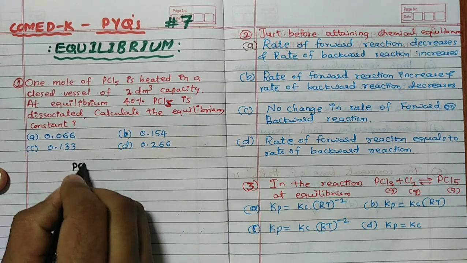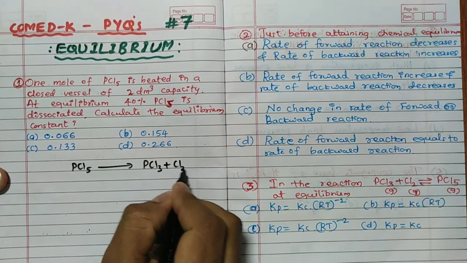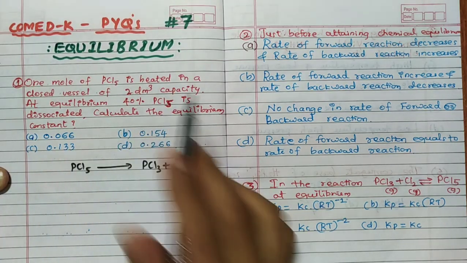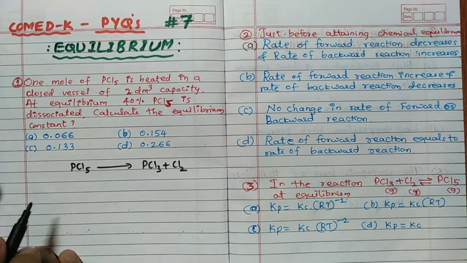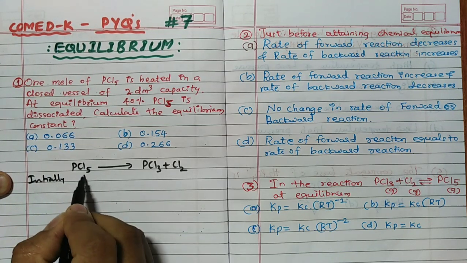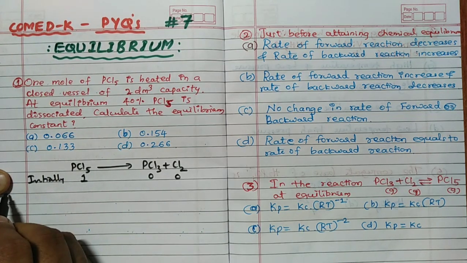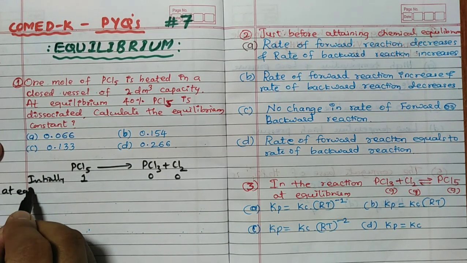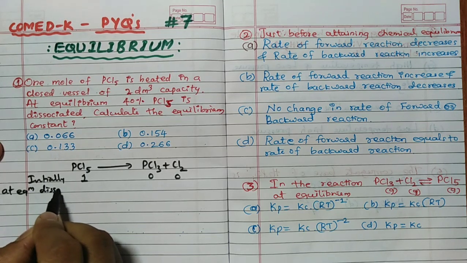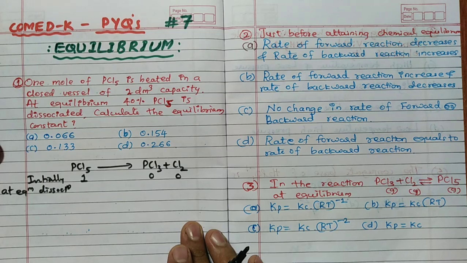First you have to write the reaction. PCl5 gives rise to PCl3 plus Cl2, because they have given that only PCl5 is heated. So initially how much have you taken? 1 mole, 0, 0. Right? At equilibrium, the same steps you have to follow whenever a question is asked like this.